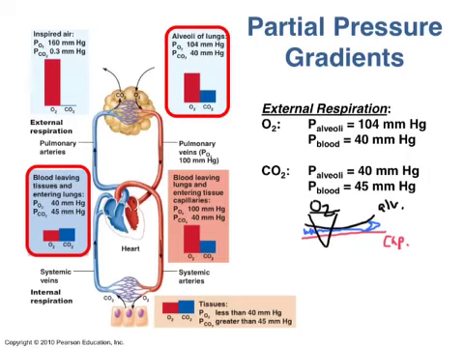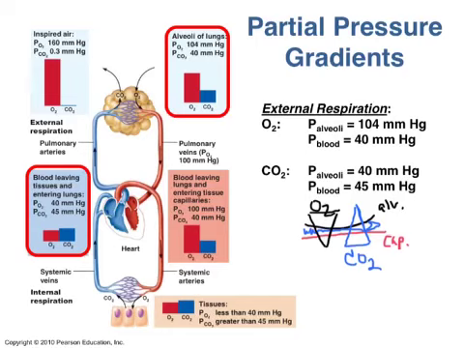For carbon dioxide, the partial pressure is 40 millimeters mercury in the alveoli and 45 millimeters mercury in the blood on average. It's not as steep a gradient, but there's a slight gradient for carbon dioxide.